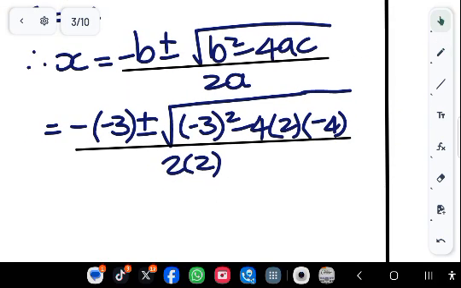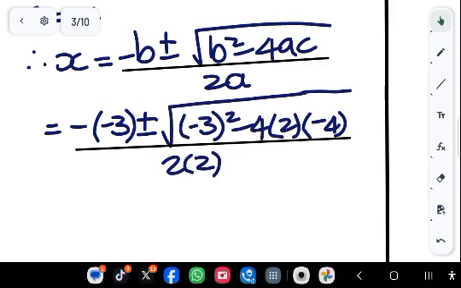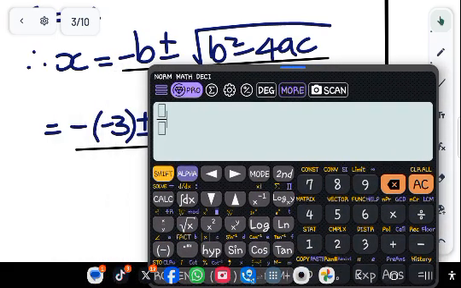Now you take out a calculator. This is where some people get it wrong, so please make sure that you understand and you work your calculator very well.